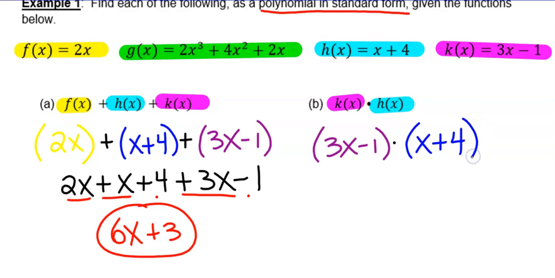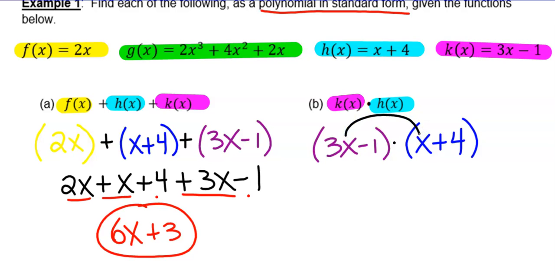So we are multiplying a binomial with a binomial, a two-termed polynomial with a two-termed polynomial. In order to multiply that, you can use the box method if you prefer, or you can double distribute. I'm going to double distribute, but you may do the box method if you wish.